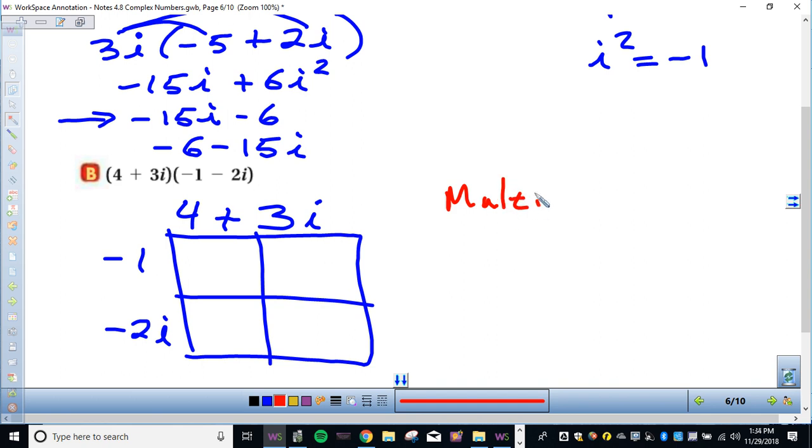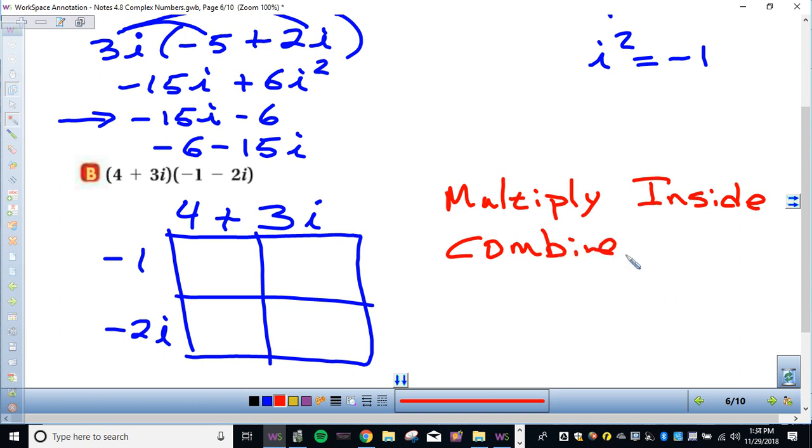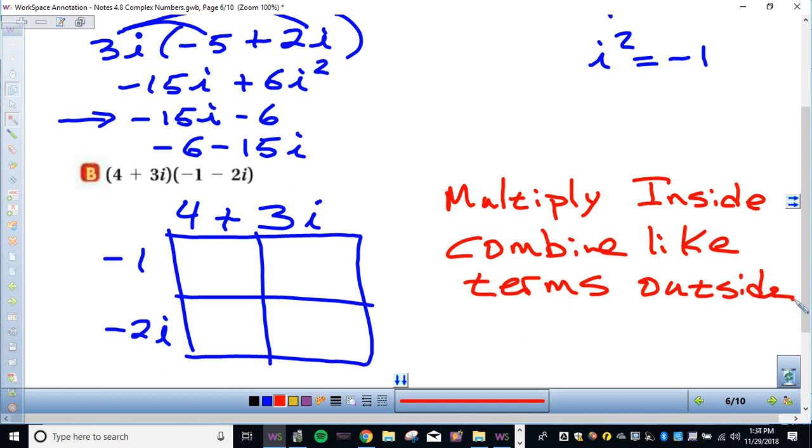So multiply inside and combine like terms outside. So what do I get in the upper left? Negative 4. Upper right? Negative 3i.